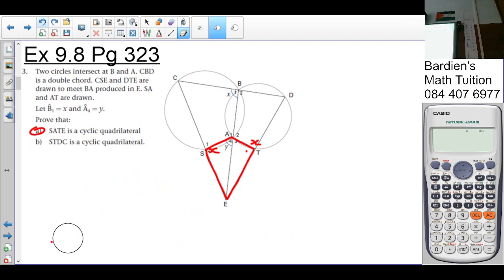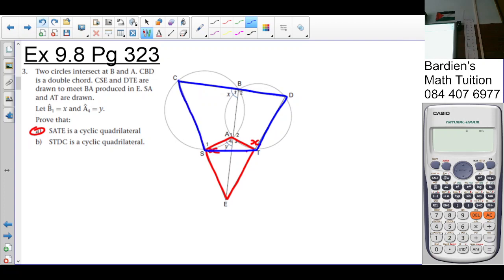In the next question, just remember that all cyclic properties are evident. Now they ask you to prove that STDC is the cyclic one.